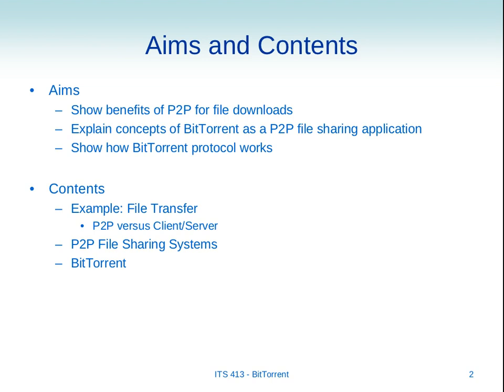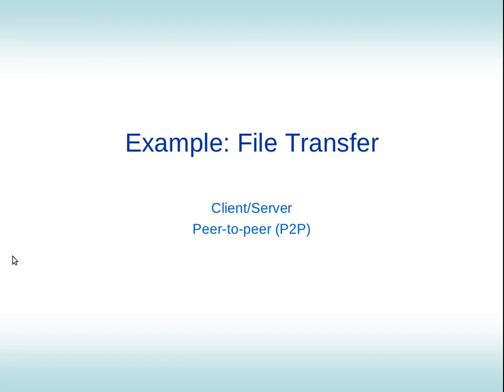Before we get into how Bittorrent works, let's just look at a very simple example to explain the motivation of this. The objective is to download a file. I'm a computer, I want to obtain some file, some resource, and download that.